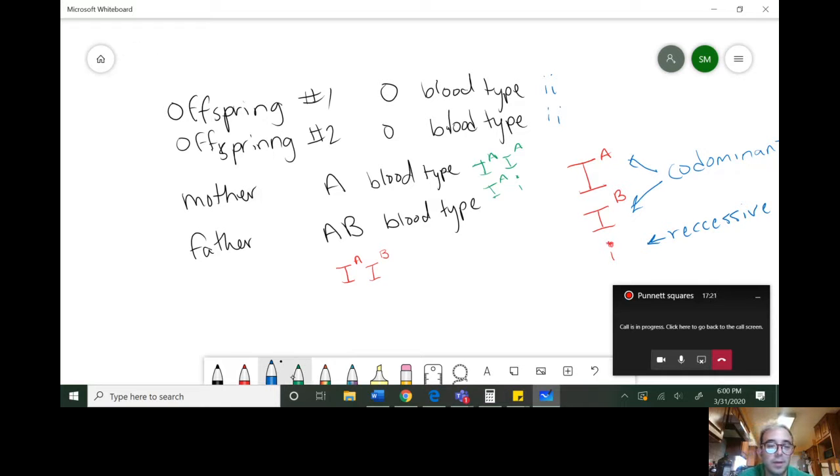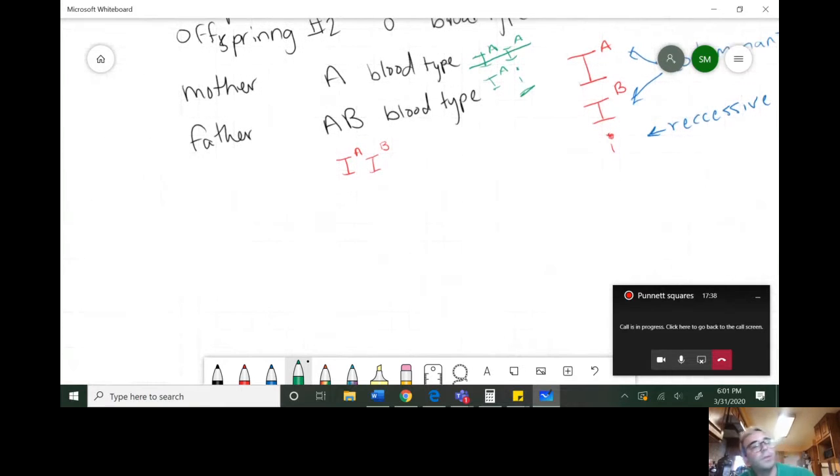So by process of elimination, we can immediately cancel this out. The reason is that the mom will have to donate one recessive gene, so we ask ourselves, are there any recessive genes here?